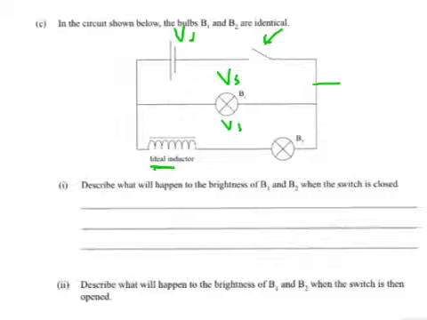In the first section up here with bulb B1, that means B1 will go to normal brightness.